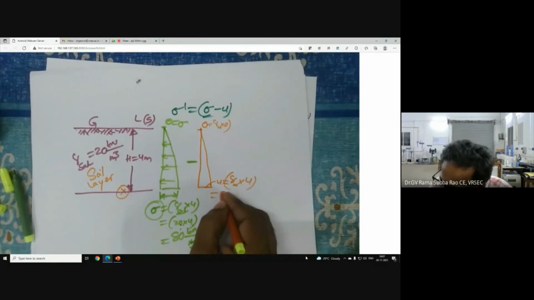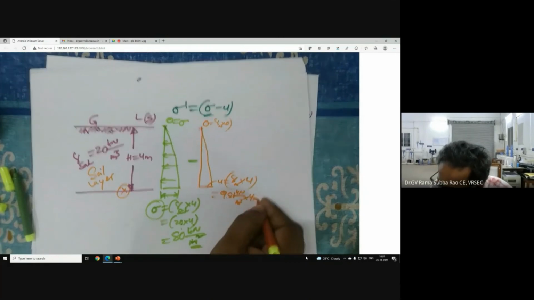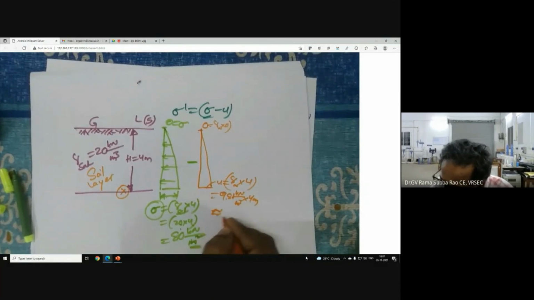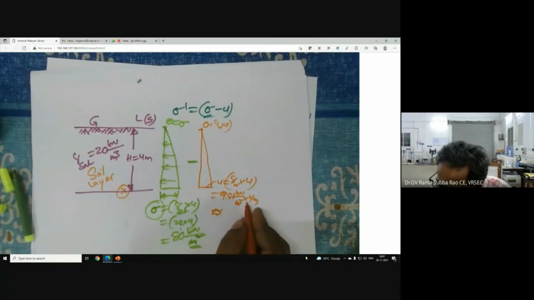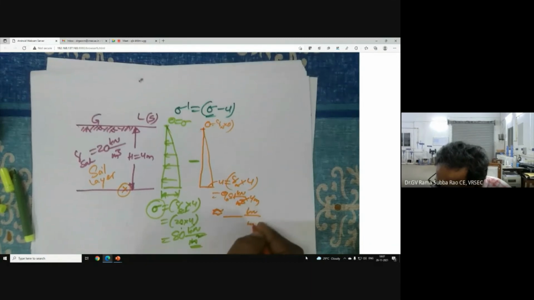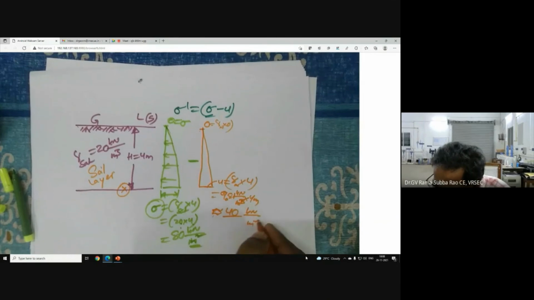Now 9.81, the unit weight of water in kilonewton per meter cube, into 4 meter. Many times we use acceleration due to gravity 9.81, so the unit weight of water is 9.81 kilonewton per meter cube. Into meter, we get kilonewton per meter square. So it is approximately 40 kilonewton per meter square.